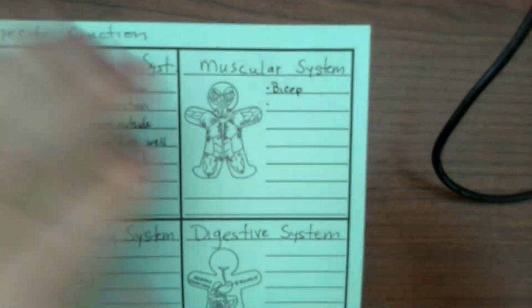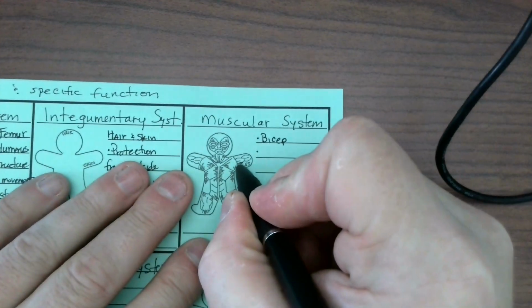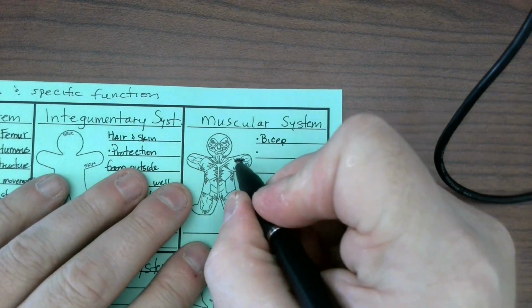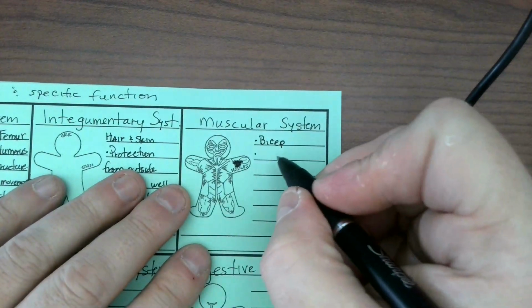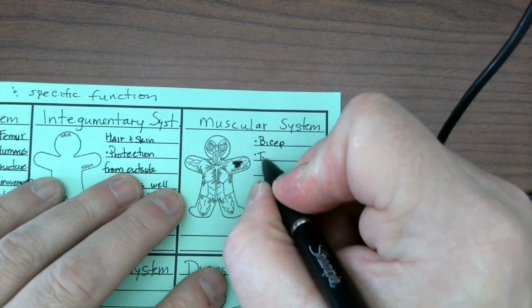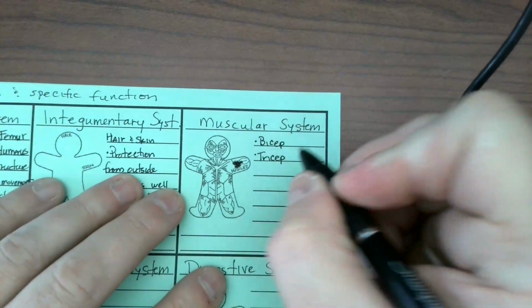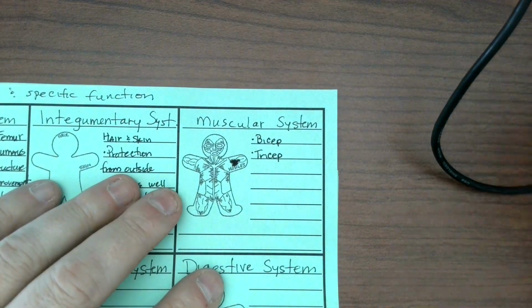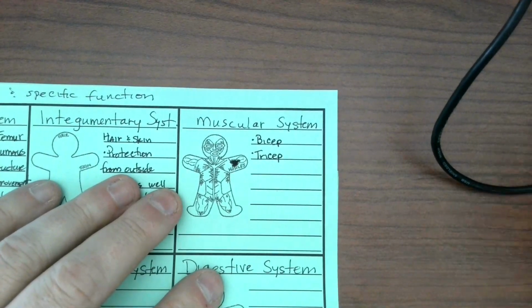It's right here in your arm, and it hooks into your shoulder. And then on the back side of your arm, you have your tricep. These 2 muscles, along with some others, coordinate bending and opening your arm.